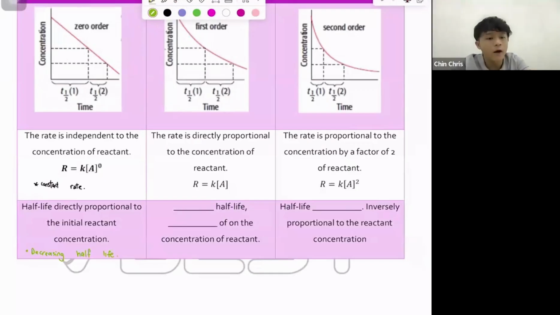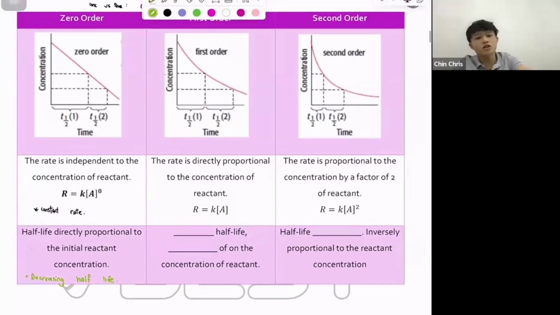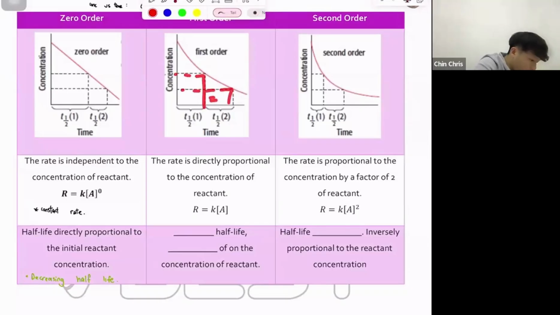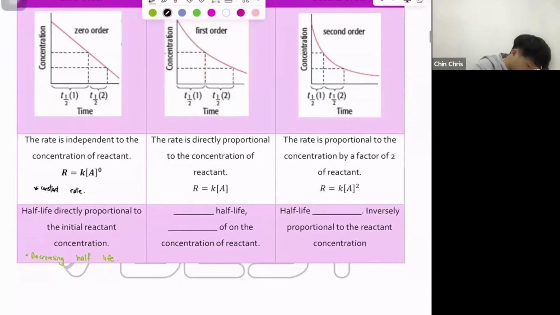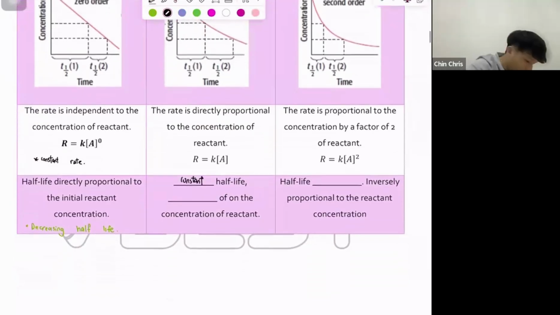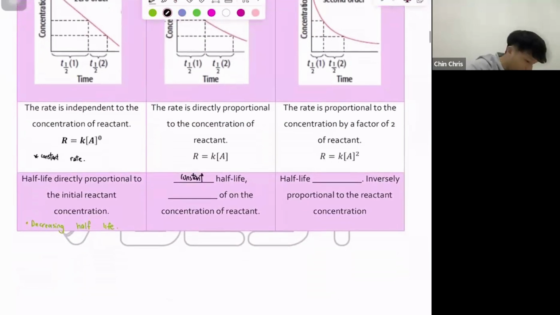All right, guys, next. What about first order? As I mentioned, for first order, remember this, it's always a constant half-life. You can see that the half-lives here are the same. So remember the keyword: constant half-life, and it's independent of the concentration of the reactant.